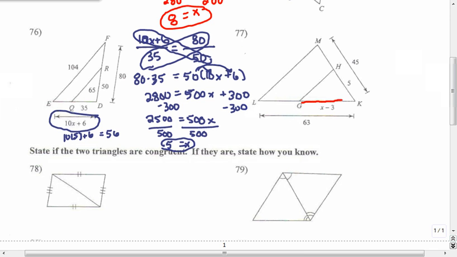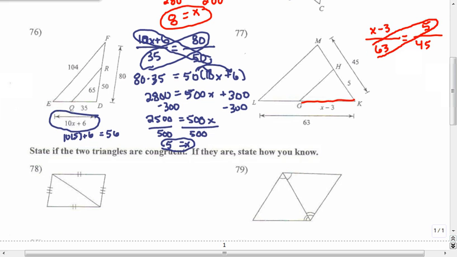Okay, so the last problem of this type, we've got x minus 3 compares to what? 63. Okay, and then we've got 5 compares to 45.